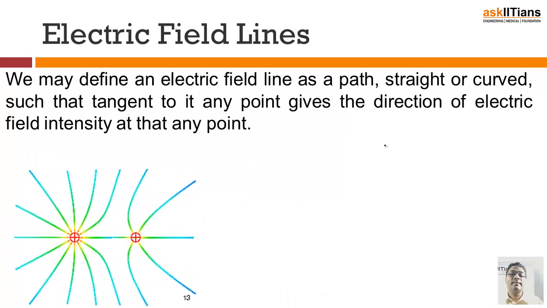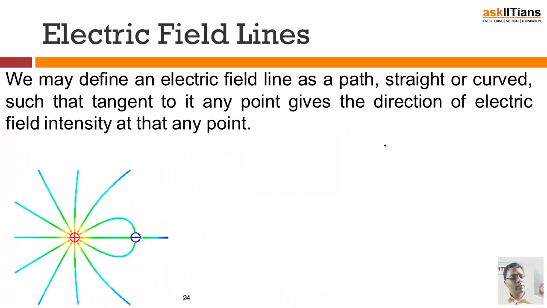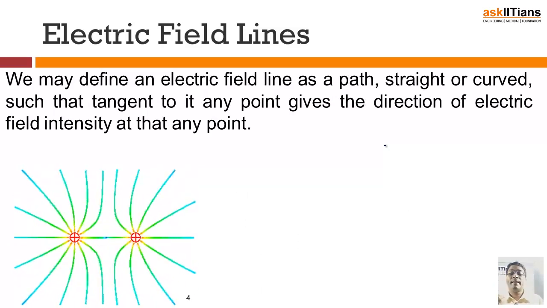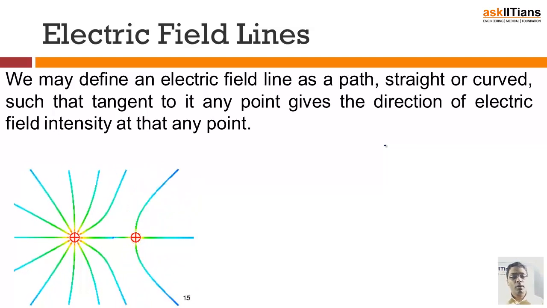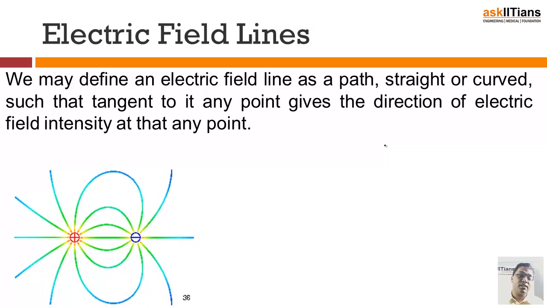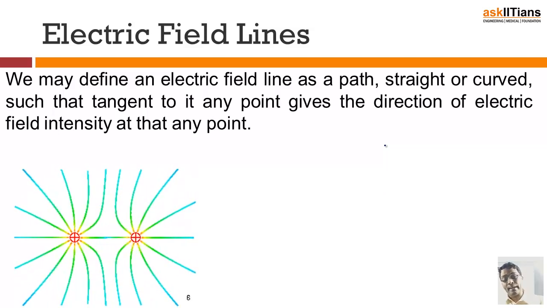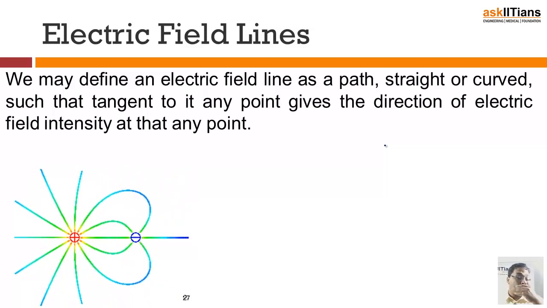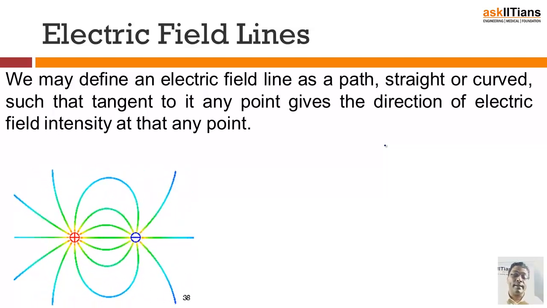Now what exactly are the electric field lines? Because you just have one single charge, by convention we say that from a positive charge the field lines are going to go out, and from the negative charge the field lines are going to go in, right? So here, as you can see in the diagram, you have a negative charge, and the field lines are going inside.